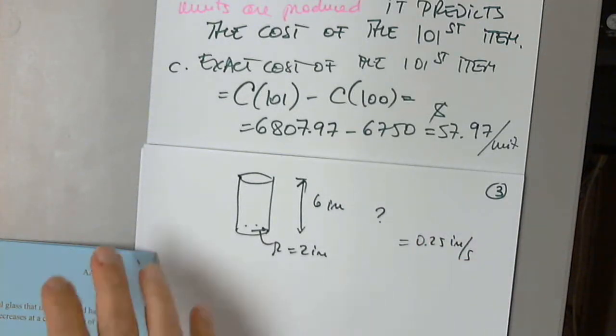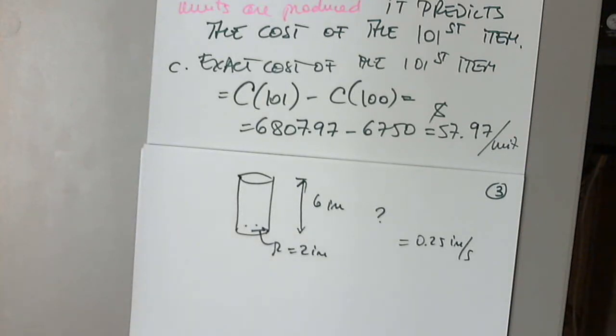So they want us to find the rate at which what changes. At what rate is soda being sucked out of the cylindrical glass, knowing that the depth of the soda decreases at a constant rate of 0.25. So what am I asked to find?